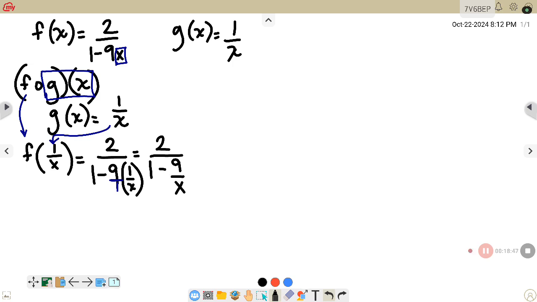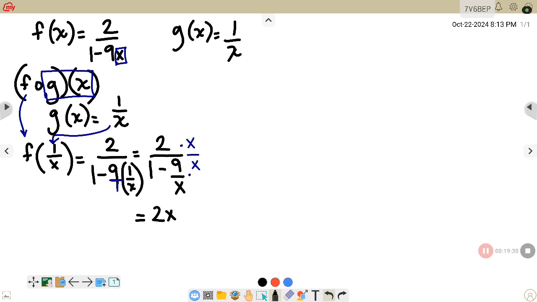So this fraction is too complicated because there is a smaller fraction within a larger fraction. To fix that, I am going to look at this fraction 9 over x. I'm going to multiply the numerator and the denominator by the denominator of the smaller fraction, which is x. Up top in the numerator, I have 2 times x, which will just give me 2x.